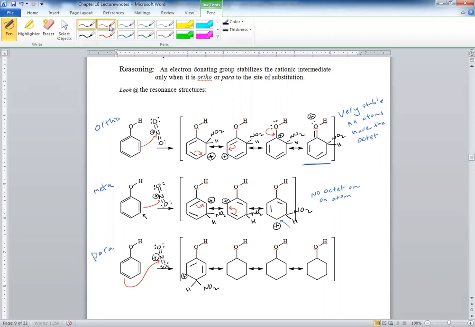So draw the other resonance structure for this. There we go. Where is our positive? It's right there. So the next structure would be moving this around.